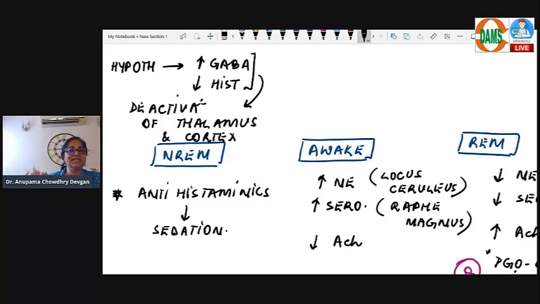Together, they cause a deactivation of the thalamus and the cortex. And like I said, antihistaminics are sedating. So in the awake state, there is a decrease in GABA and an increase in histamine. Ulta, opposite. Have you understood?